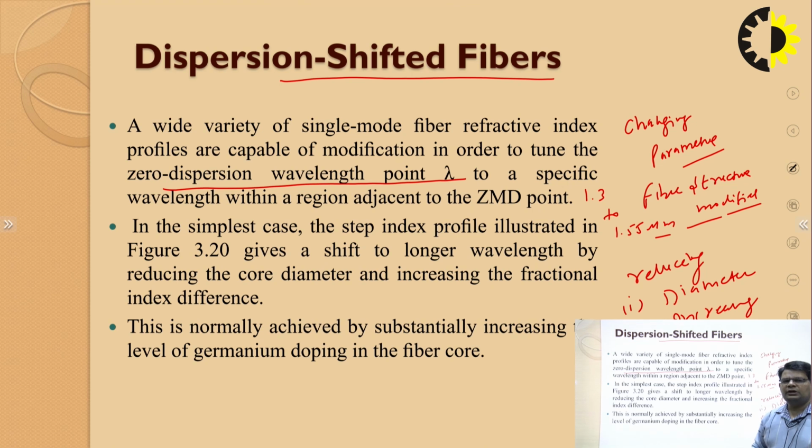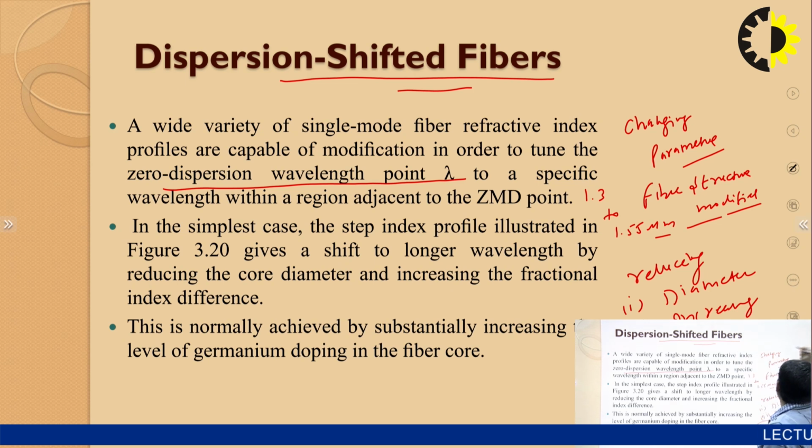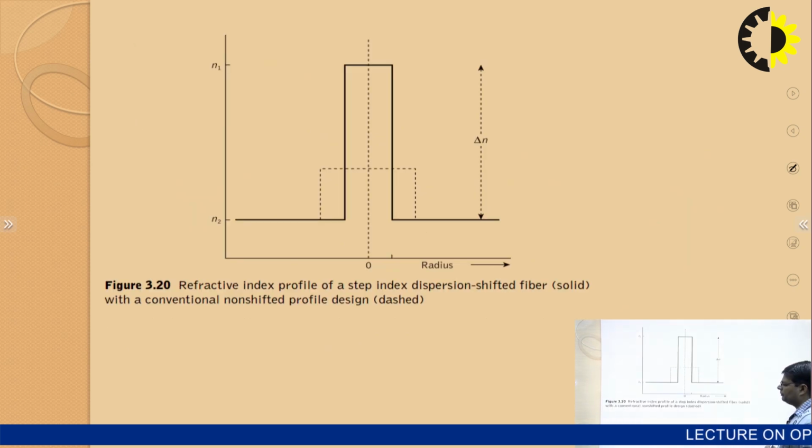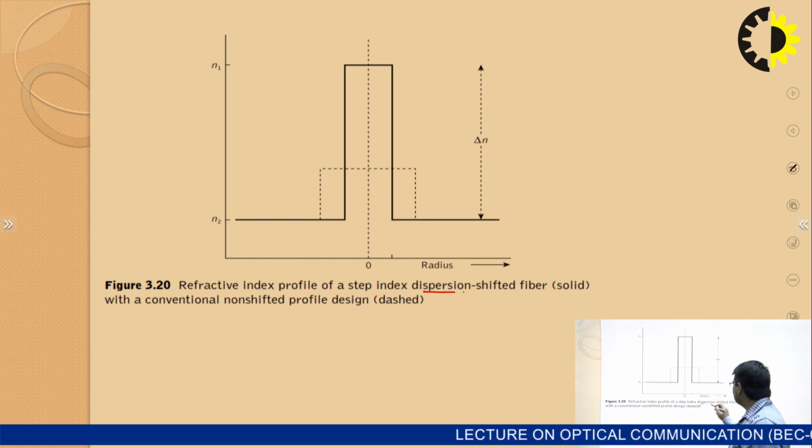So simply by changing the diameter and changing the index profile parameter, we can get this type of fiber, dispersion shifted fiber. An example of this is shown here. This is the modification example in the structure for the case of dispersion shifted fiber.